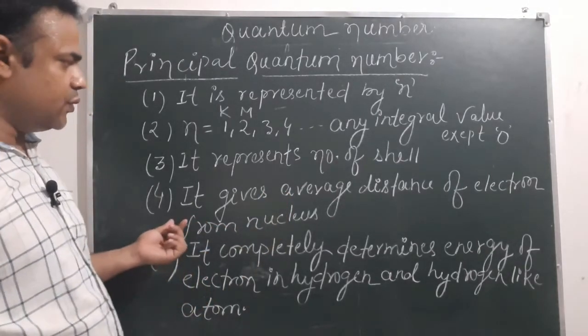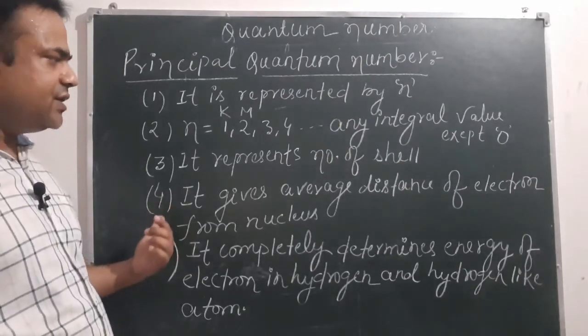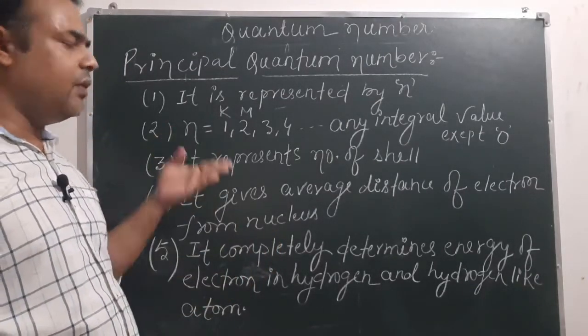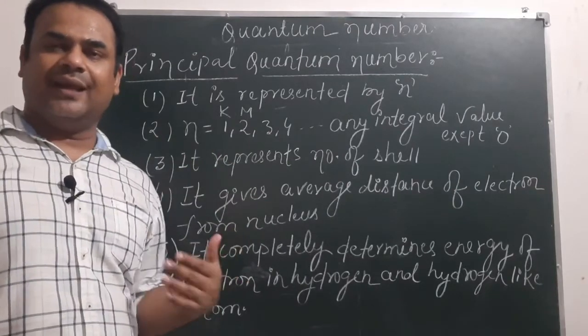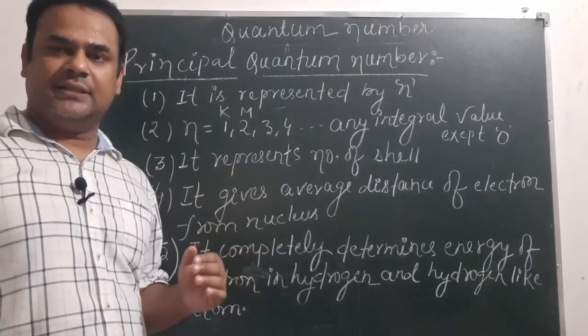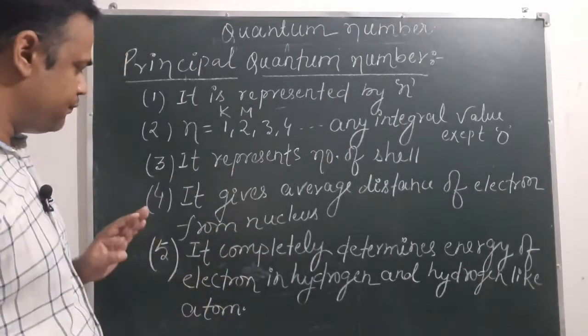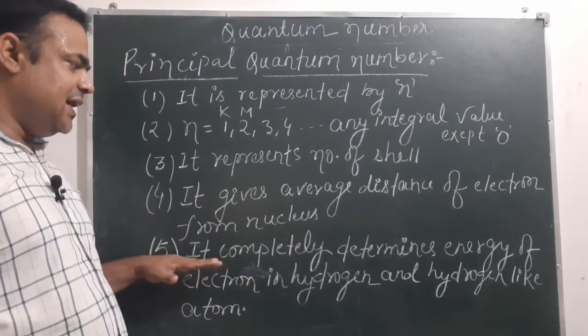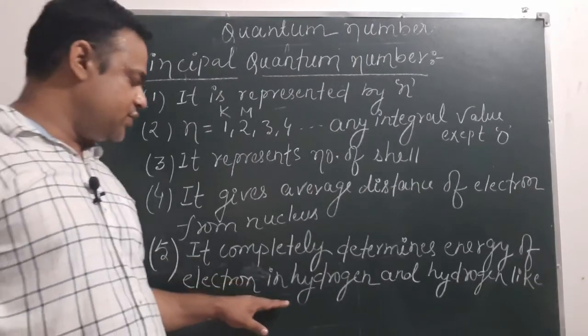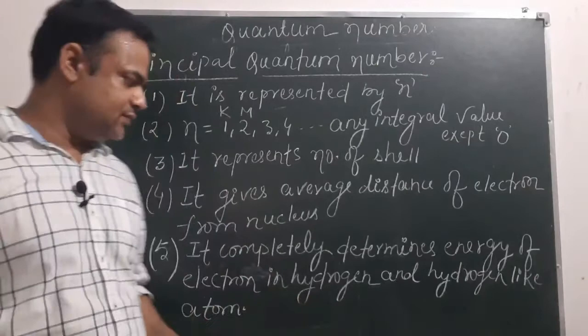That's why this point is written: it gives the average distance of the electron from the nucleus. So with the help of the principal quantum number, we can get an idea of how far the electron is from the nucleus. The last point is, it completely determines the energy of an electron in hydrogen and hydrogen-like atoms.